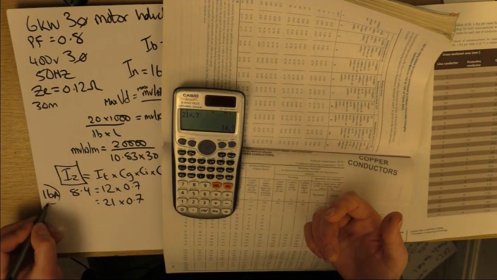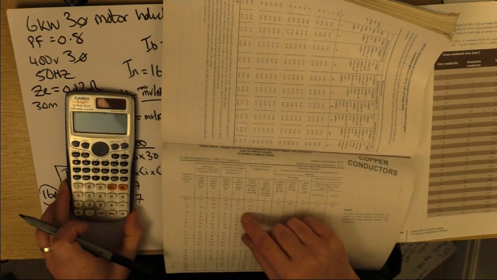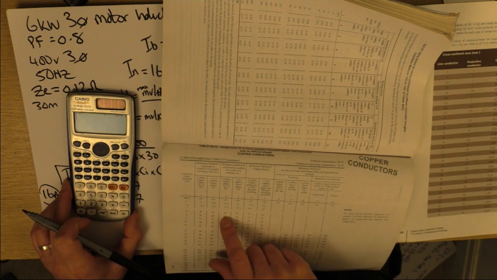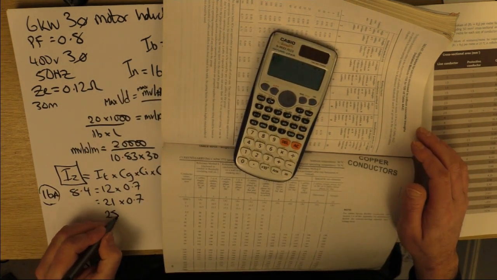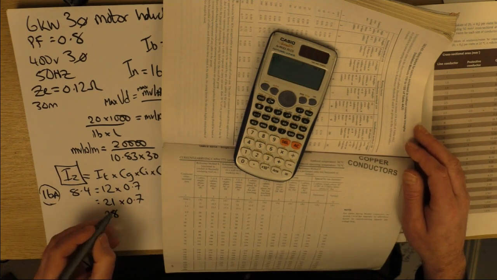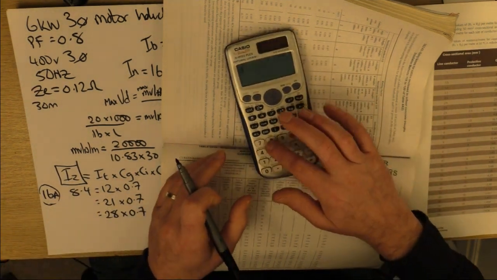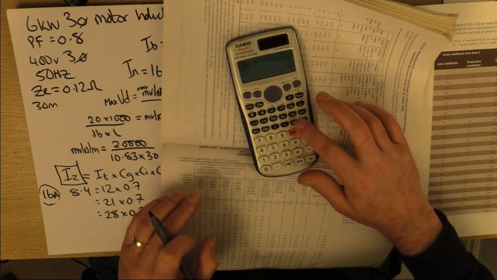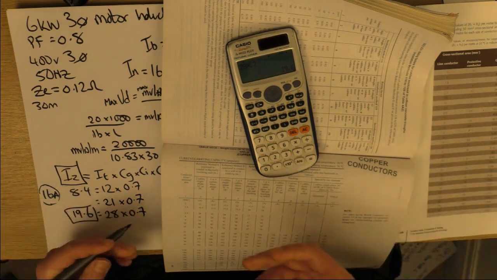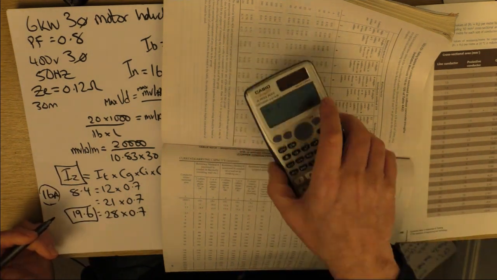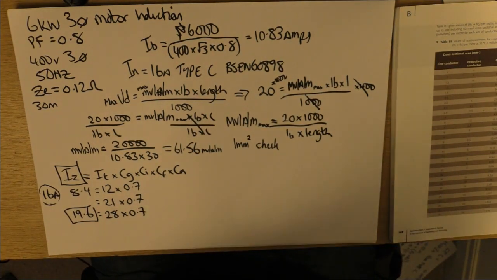So still not matching that 16. So guess what? We're going to go up to 4 mil. IT is 28 times 0.7. What do we get? Okay, so that's 19.6. So that works. We knew that anyway from method 1, so we got to the same place anyway.